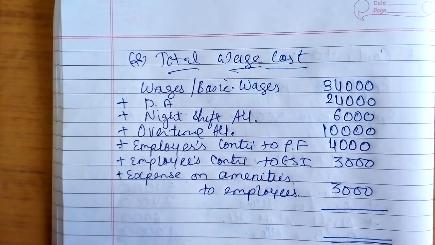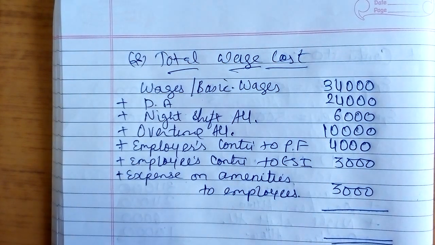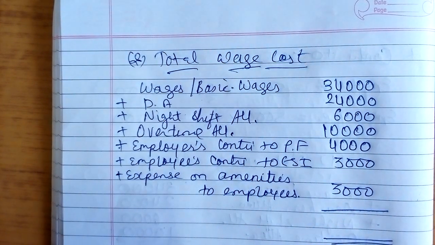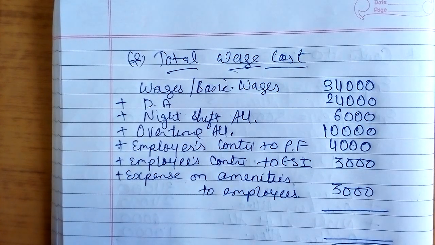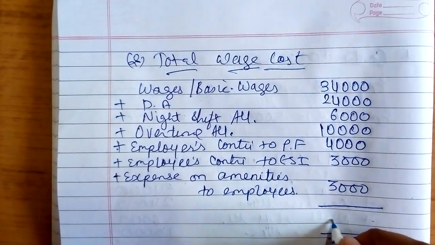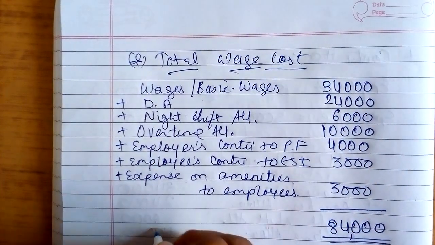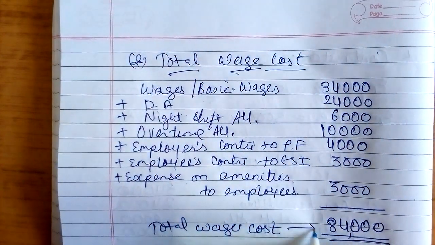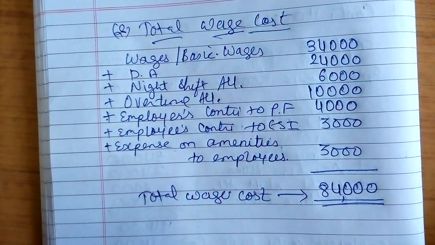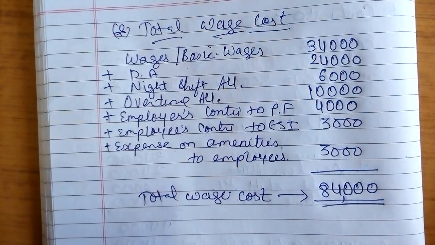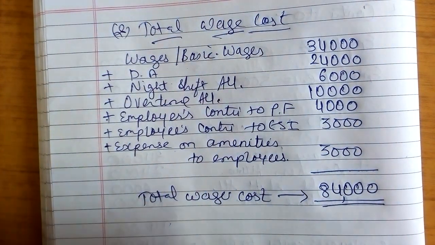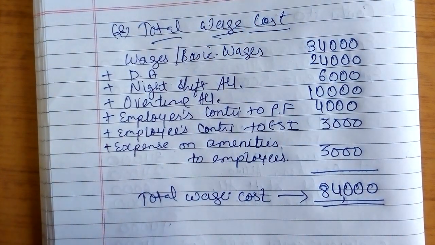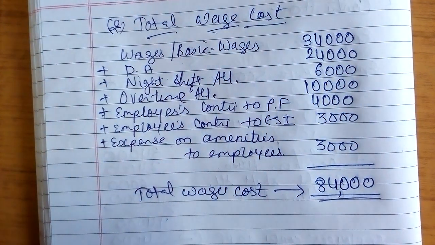So finally my wage cost will be 34,000 plus 24,000 plus 10,000 plus 6,000 plus 4,000 plus 3,000 and plus 3,000. So my total wage cost is 84,000. So the wages costing will be 84,000, but the cash payment will be less because there are many deductions of PF, ESI and house rent recovered, right? So this is all about our today's examples.